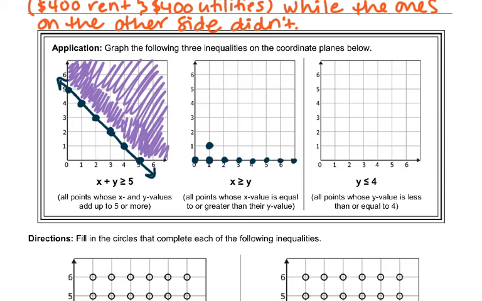Let's try 2, 1. 2, 1 should be okay because 2 is bigger than 1. Okay, what about 2, 2? Oh, well, if they're the same, then that equal part helps me out. We're good with that. What about 2, 3? That one's not working. We gotta take that one away.